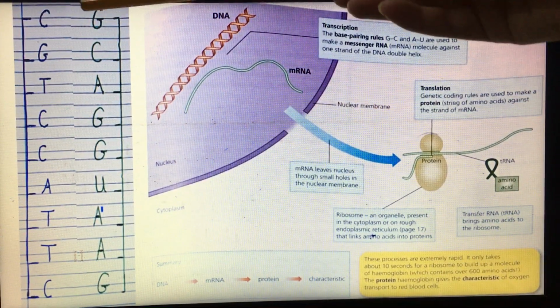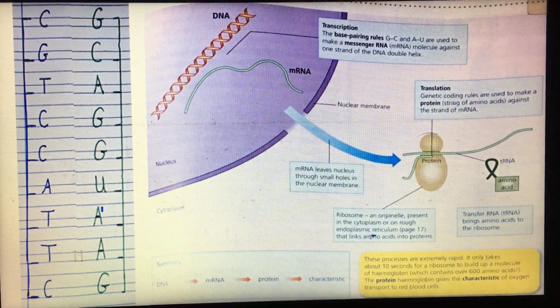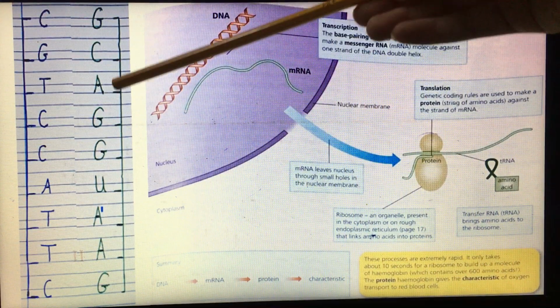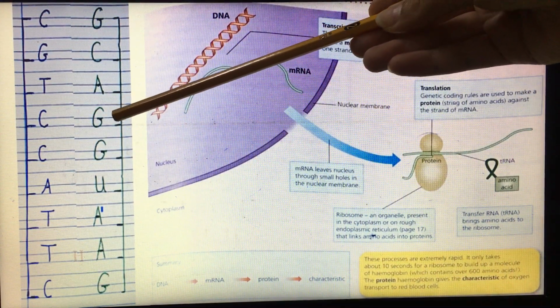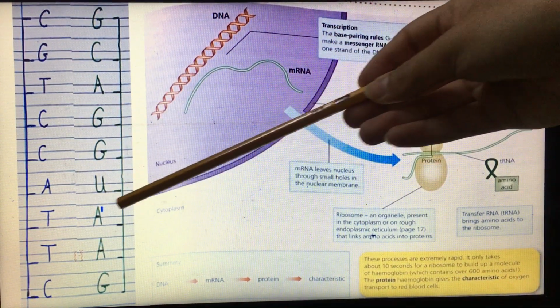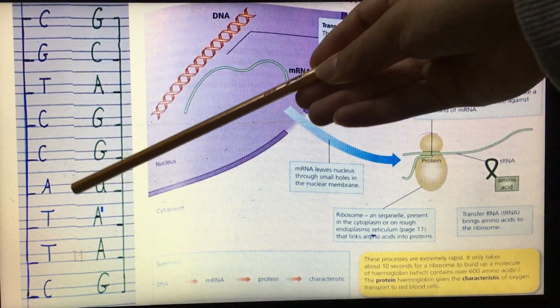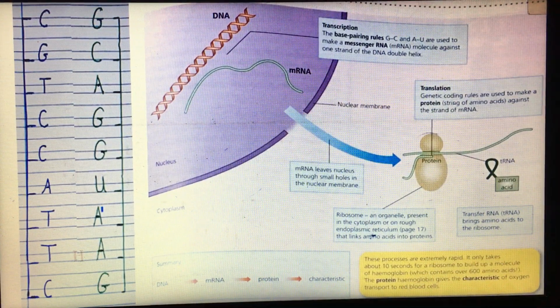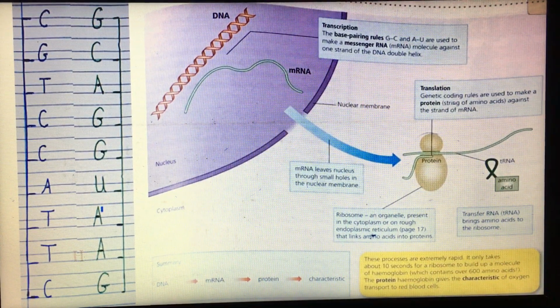So, this mRNA, okay, so I would have G for guanine, C for cytosine, A for adenine, G, U. Here, instead of using T, which is thymine, we use U, the fifth base, which is uracil.